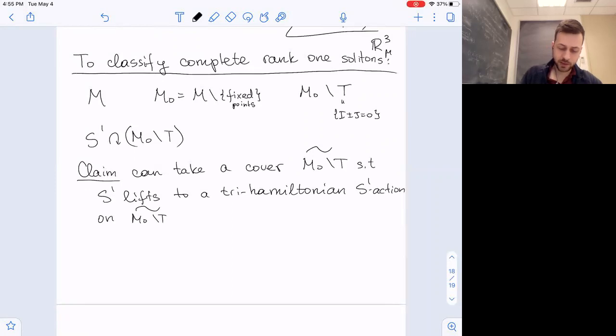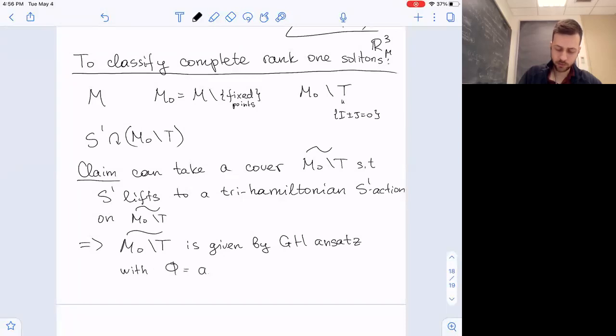And as such, M0 minus T cover is given by the Gibbons-Hawking ansatz with phi over some a priori unknown base, which is openly mapped to R3.